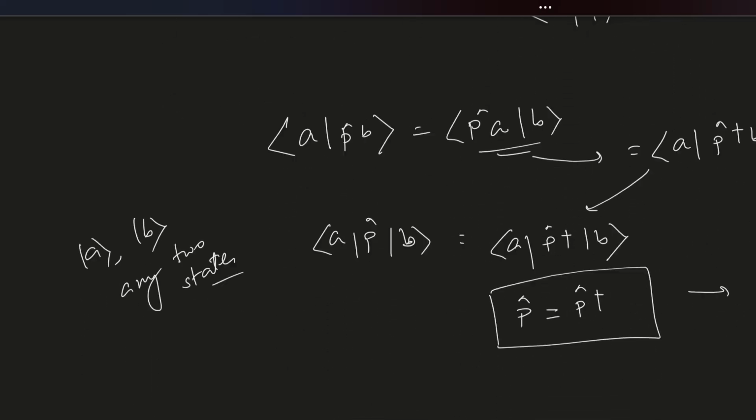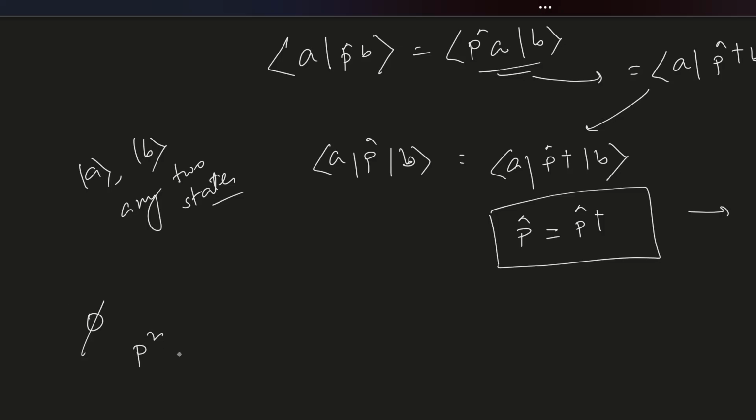Now to prove whether P squared equal to P or not, we again apply it on some state, let's say on B. So P on B gives psi, and this thing becomes psi, this thing, and psi B. So this is a number.